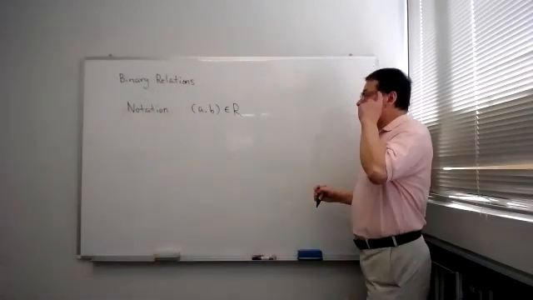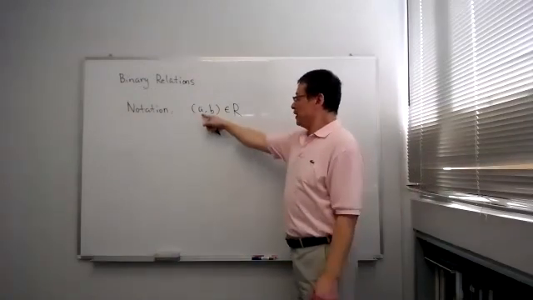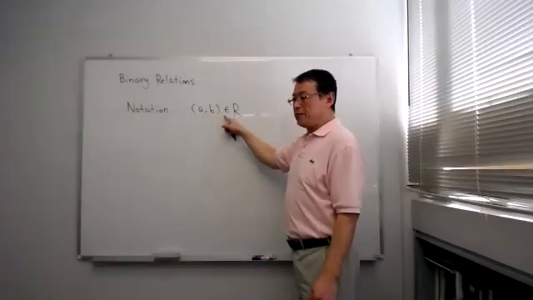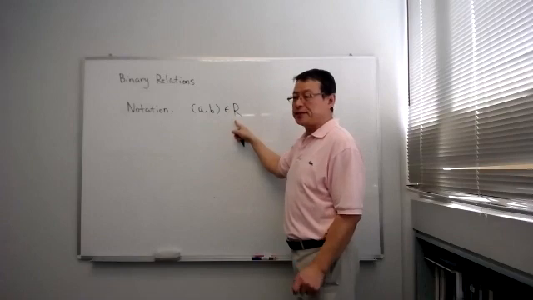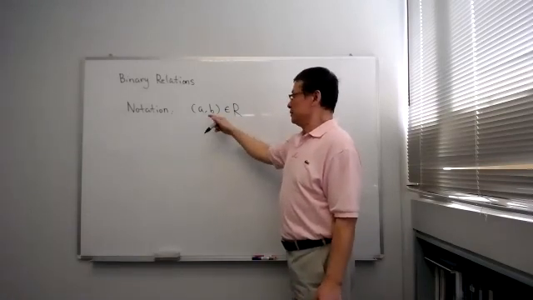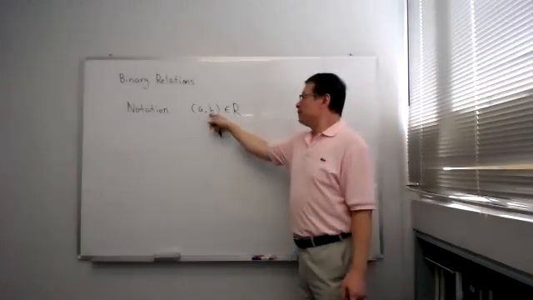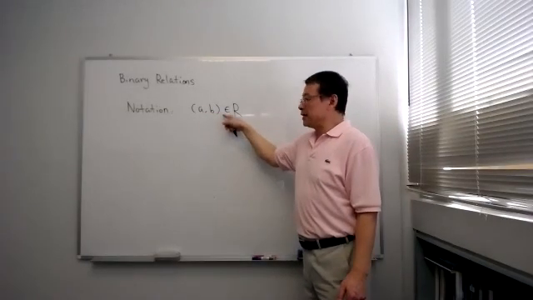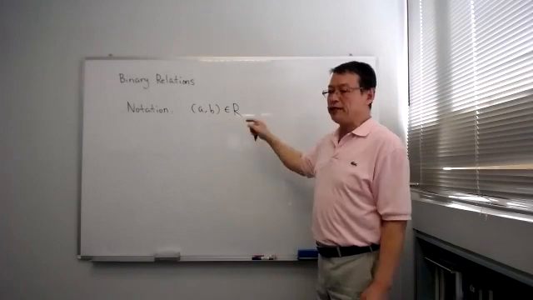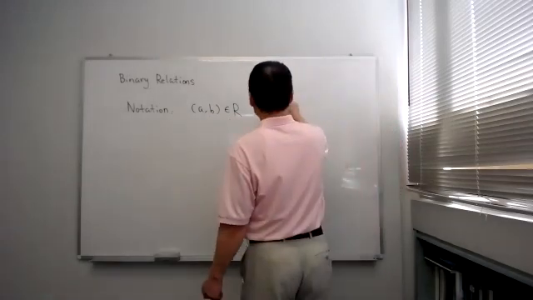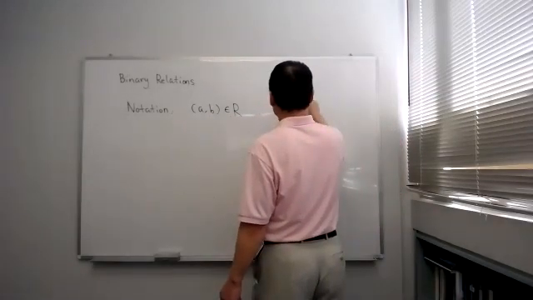So notationally, when we say (A, B) belongs to R, because a relation is a subset, using set notation, (A, B) is a member of R. We write it in this way, but conventionally, very often, we use infix notation.